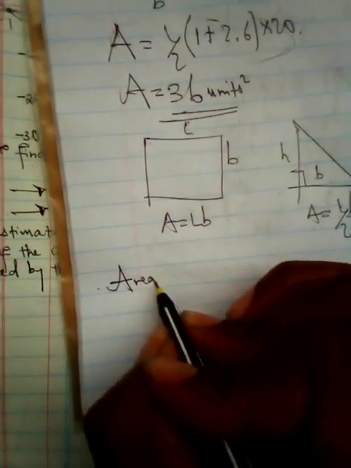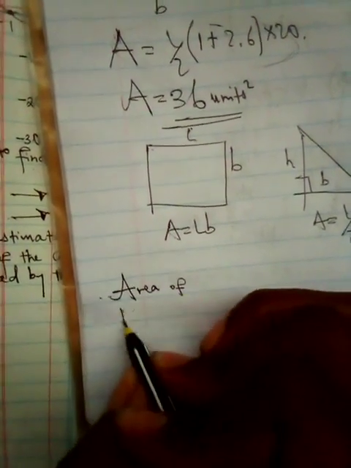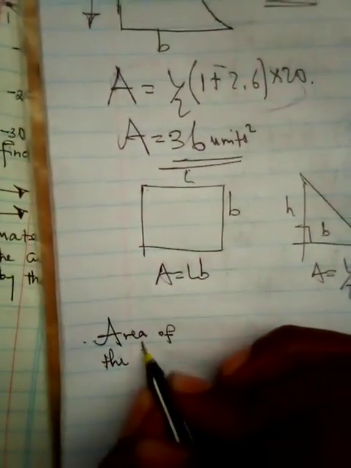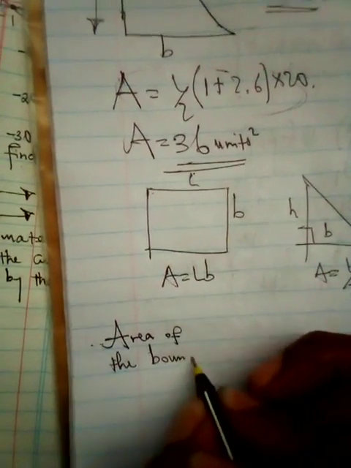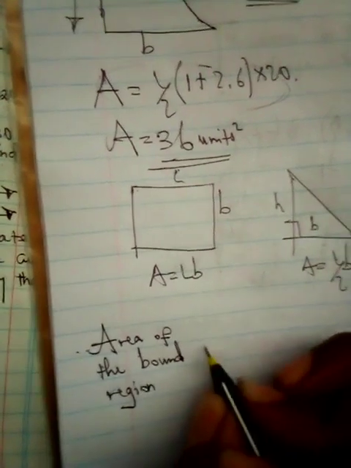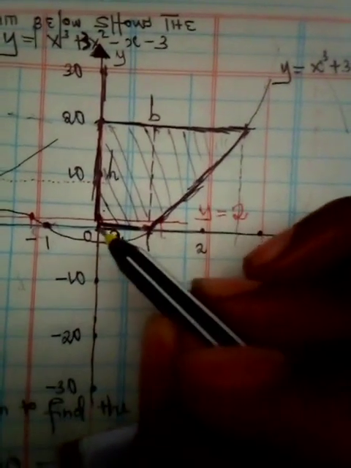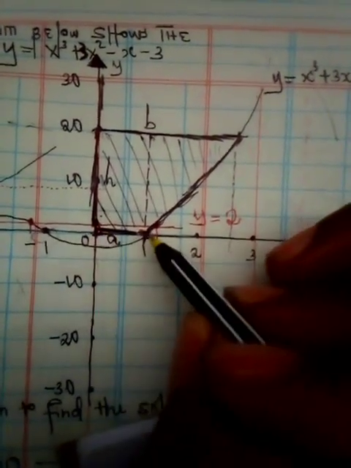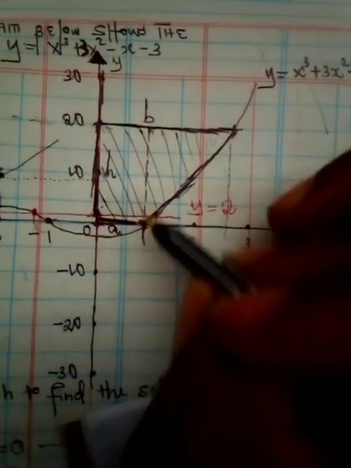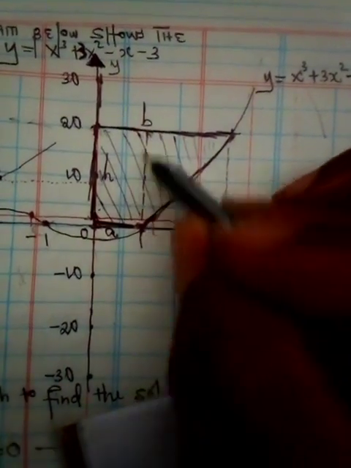So the area of the bound region will be equal to, notice we are first starting with a rectangle. A rectangle is from here to here, that's just 1, and then from here to here, that's 20.